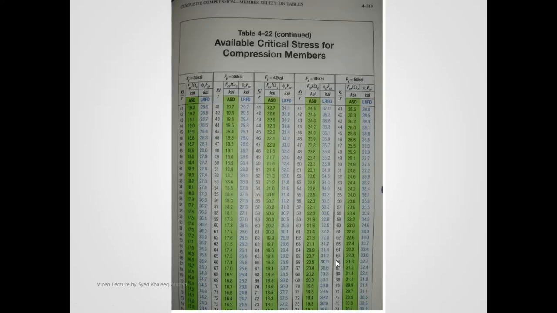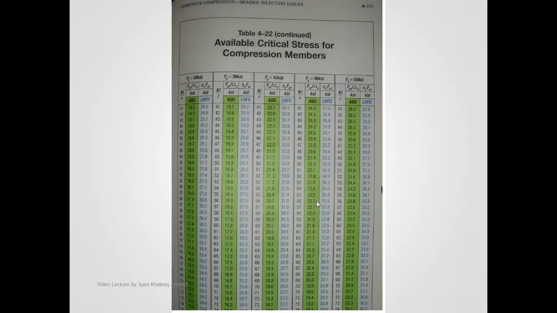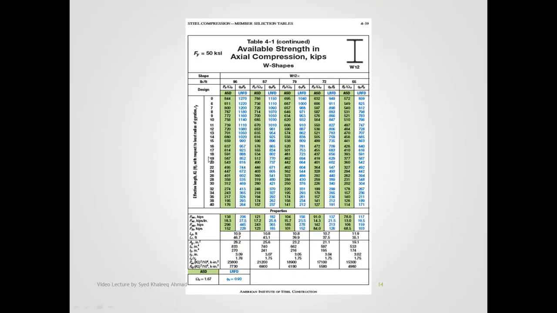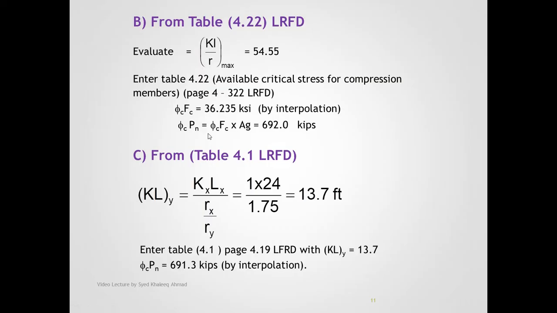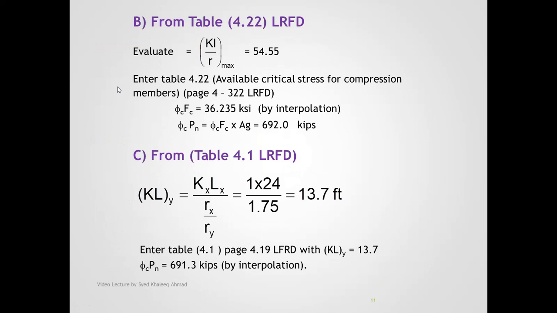Now in our case we already have these values. According to this 13.7, we will find the value. From here we have 13 and 14, so with reference to this we will interpolate. Now what is our section? Our section is W12x65, and KL is 13.7.